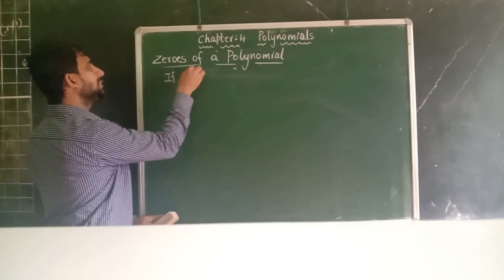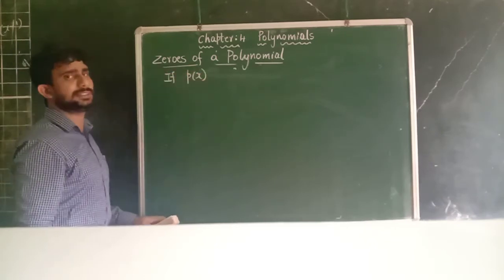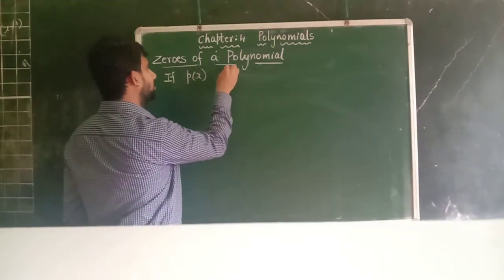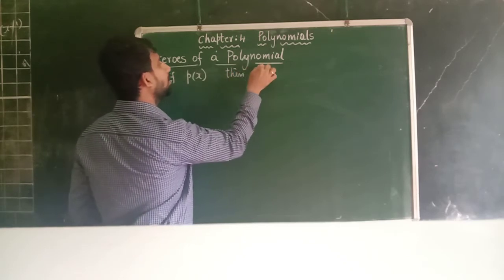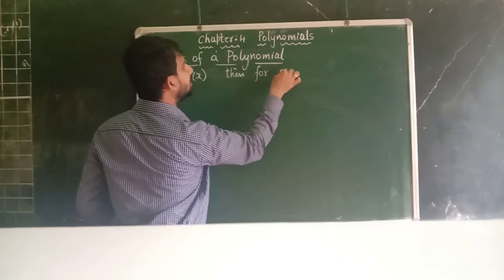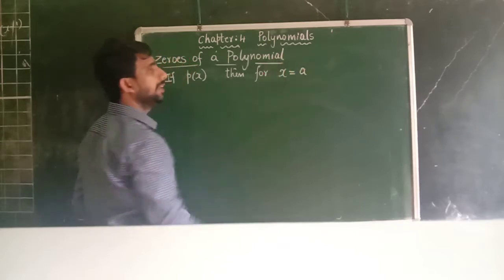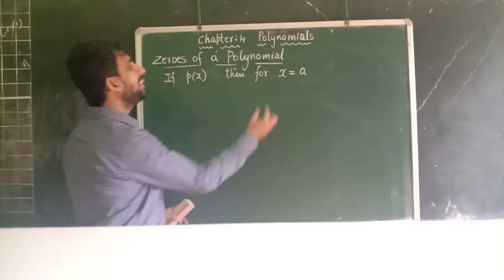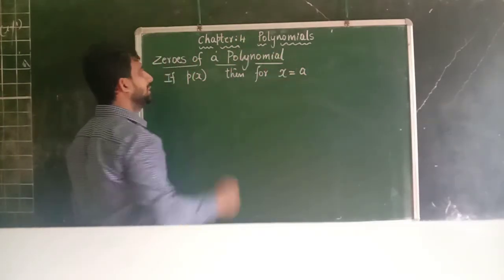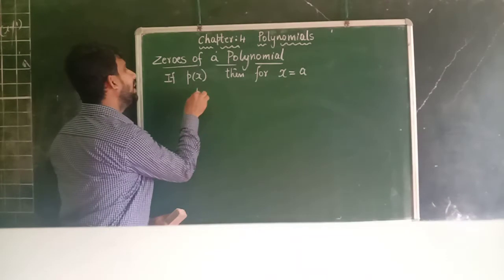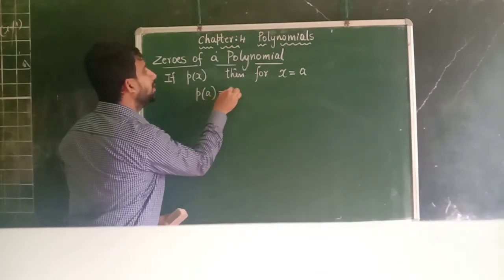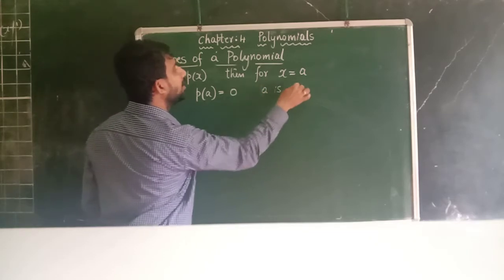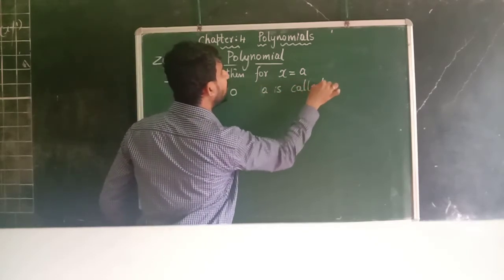So the definition is: if p of x is a polynomial, then for x equal to some value, call it a, any number like 1, -1, -3, if I assign this value to x and the value of the polynomial becomes 0, then a is called a zero of the polynomial.